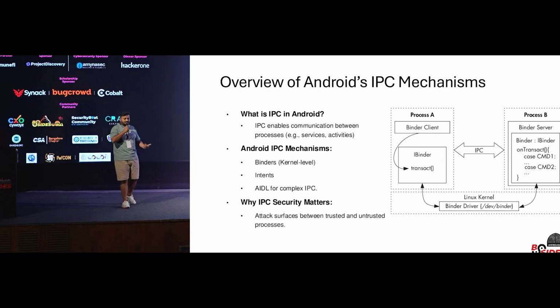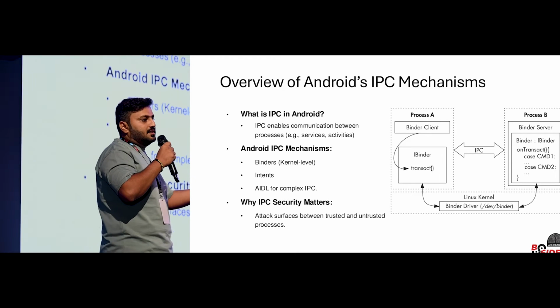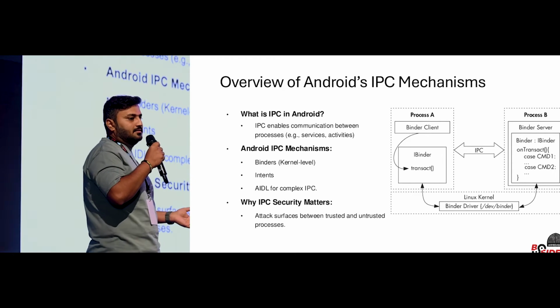So as security researchers, we have a very intriguing question: why is IPC security important? Why does it matter? IPC basically exposes an attack surface of a trusted application to non-trusted entities.